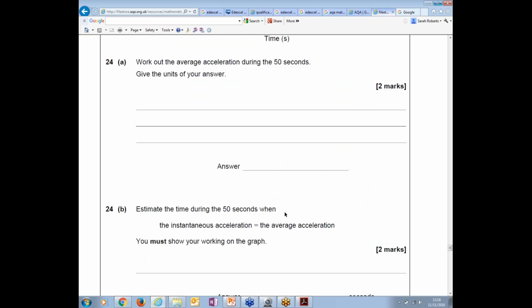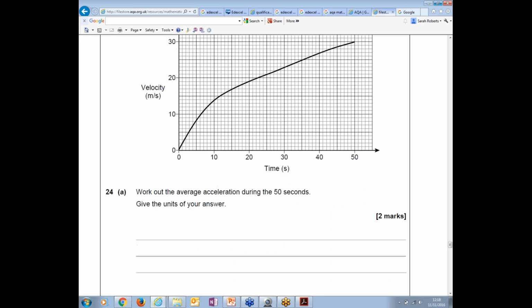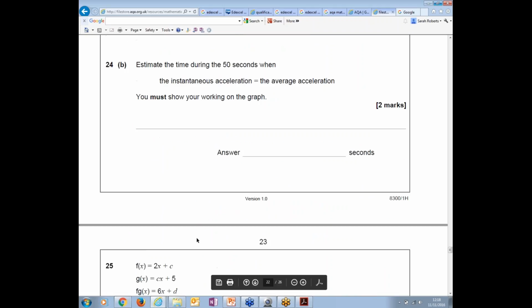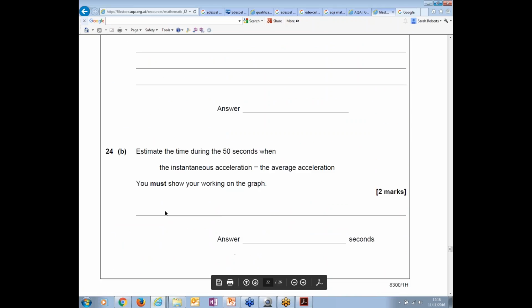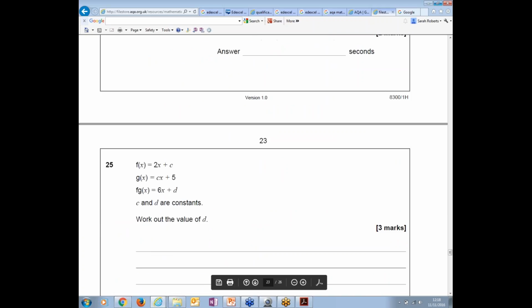Estimate the time during the 50 seconds when the instantaneous acceleration was equal to the average acceleration. So whatever they've just worked out, they're going to have to then draw lines on their graph to find the gradient for that. And they want to see that working. Okay, so that is still graph work, but a bit more complex than previously done.